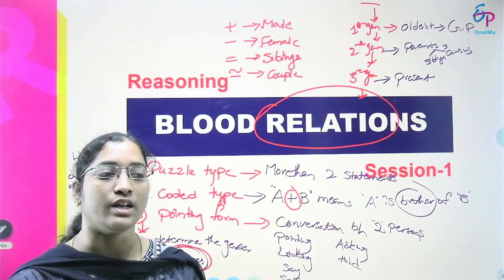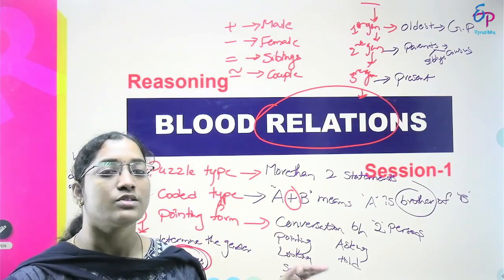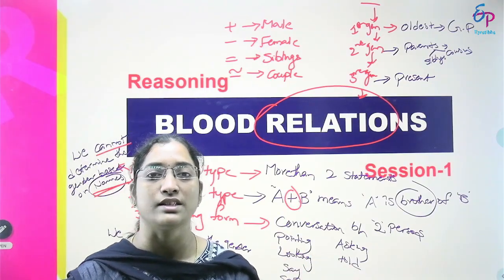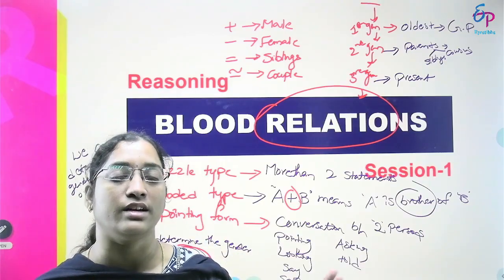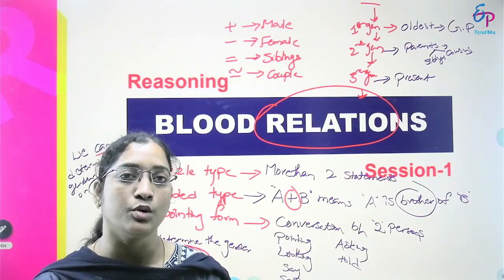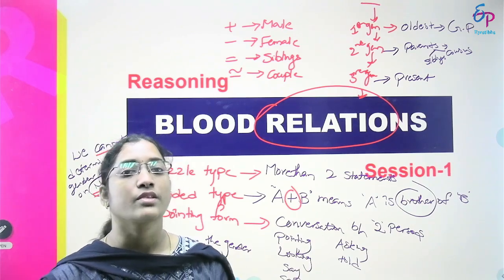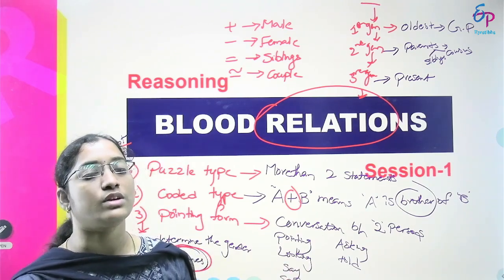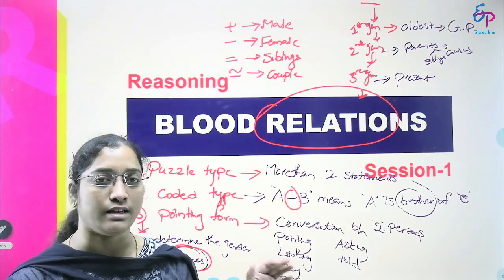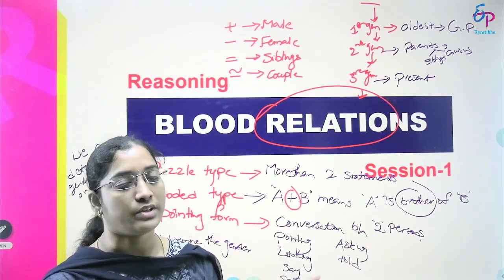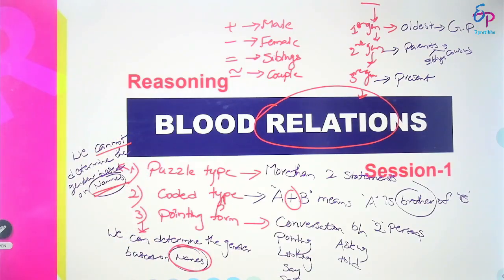We need to use only English relationships. There are some differences between Telugu and English relationships, so we need to discuss some basic relationships in the English language. Then we'll go further.